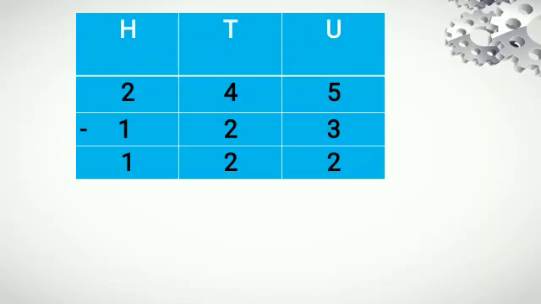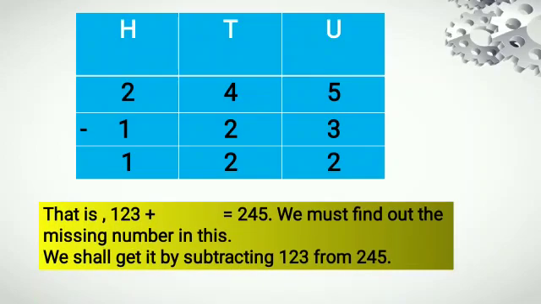Now from the units place we will do the subtraction. 5 minus 3 is 2, 4 minus 2 is 2 and 2 minus 1 is 1. So we get the answer 122. That is, if we add 122 to 123, we get 245.